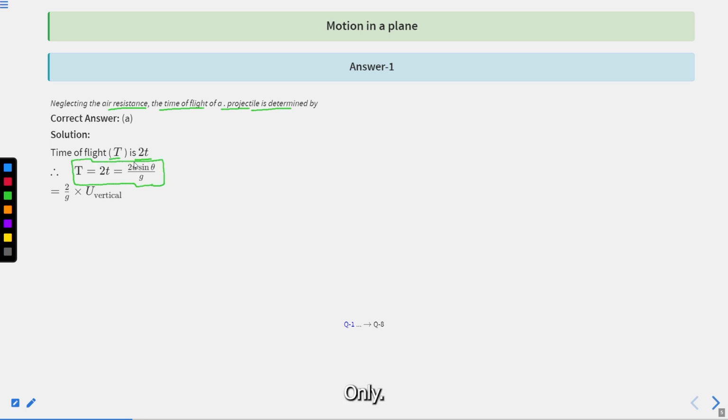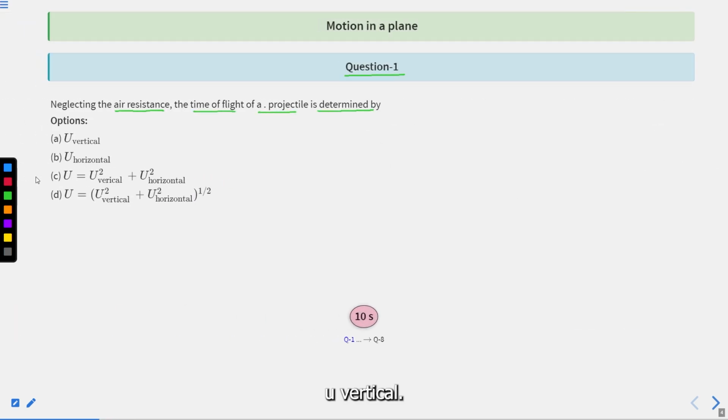Clear? So adjust this term, 2 by g, and multiply. This is the u vertical. U sine theta is the u vertical. Clear? So the answer is A, u vertical. Clear?